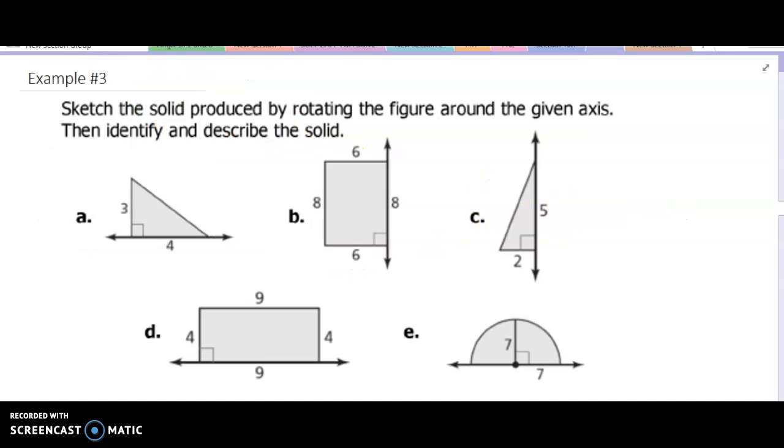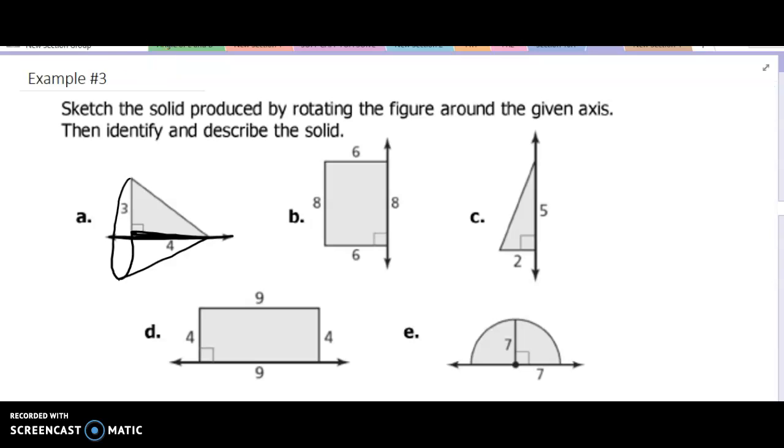All right, so let's look at these examples. Okay, in this example A, right here would be our axis of revolution. And this triangle up top would be our 2D shape. So if we took right here that's connected to the axis of revolution, if it stayed connected and we revolved it around this axis, what we'd get, and I'm a horrible drawer, is something that looks like this.